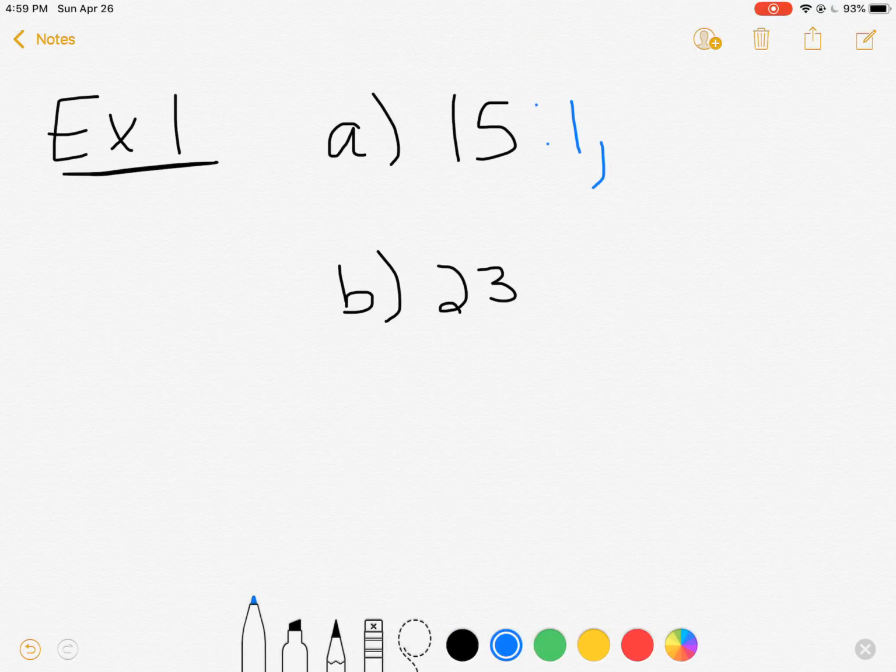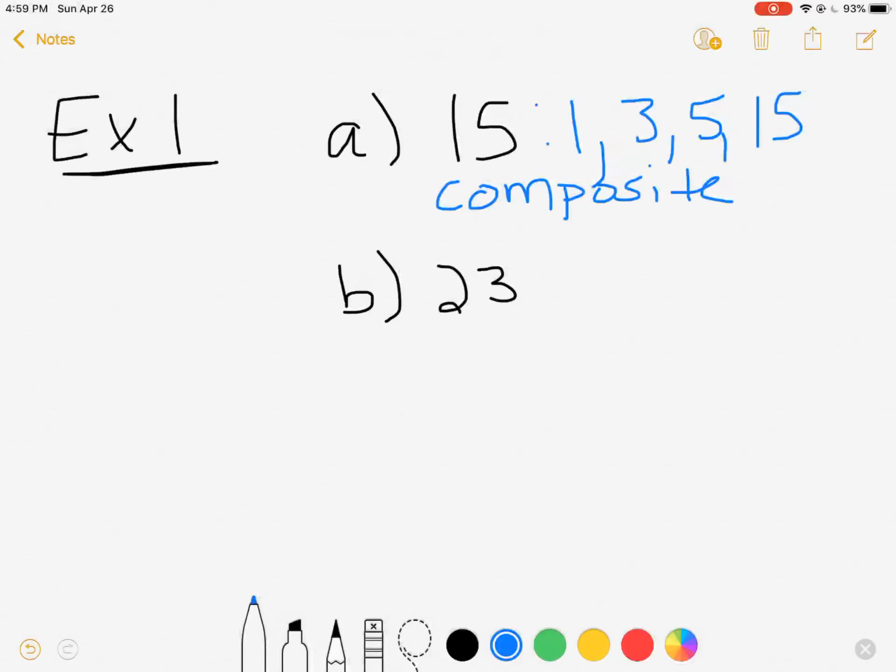So 1 goes into 15, 3, 5, 15, more than 2 factors, so this one is composite. So trying to decide on B part, 23, well the only numbers that go into 23 are 1 and 23. Only 2 factors. That makes this number prime.